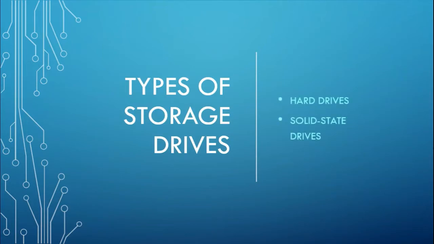Solid-state drives. In comparison to standard hard drives, solid-state drives have no moving parts. Instead, they use flash memory, which can retain its data even when it has no power. However, these drives are limited to a finite number of read and write operations before they are no longer able to work. This is the main disadvantage for these drives versus standard hard drives.